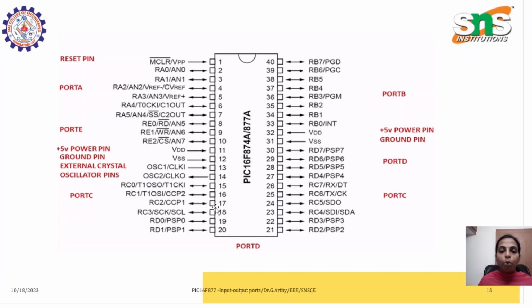Then we have port C this side, and port D half here and half here, and port E 3 pins here, along with the 2 VDD supply pins and 2 clock signals. So in order to access the microcontroller's inputs and outputs, we need to know about the pin details or signal descriptions of these IO ports.